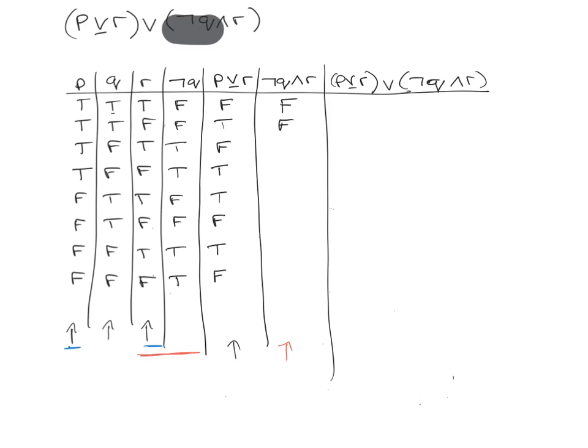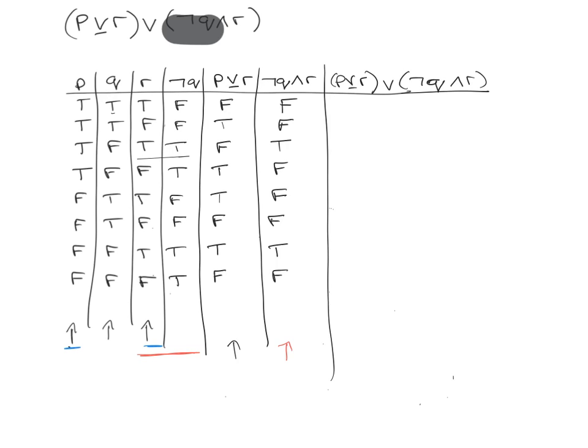Third row, they're both true, so this is true. One true, one false. They need to both be true. One true, one false. Both false. Both true, so this is true. And then one true, one false, so this is false.